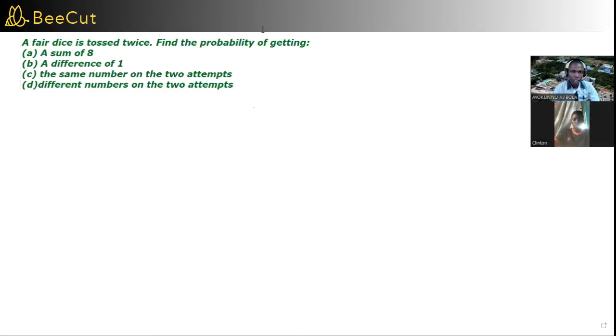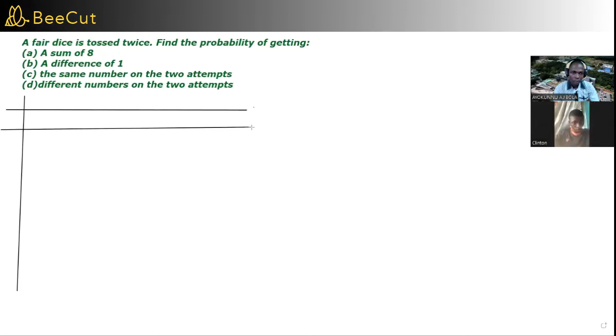So I'm going to be drawing up the sample space now. For my sample space, we have a line like this, another line crossing it at the top like this. Now there are six faces on a die, so I'll be needing six spaces.